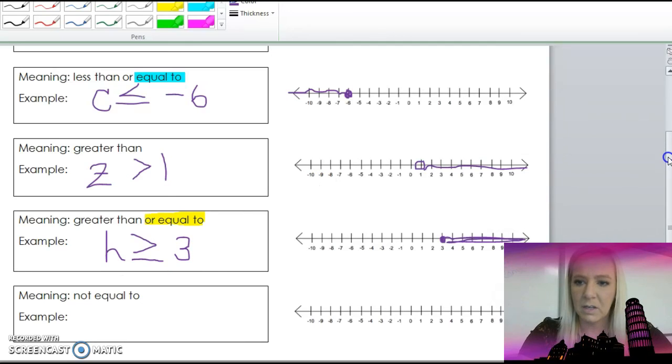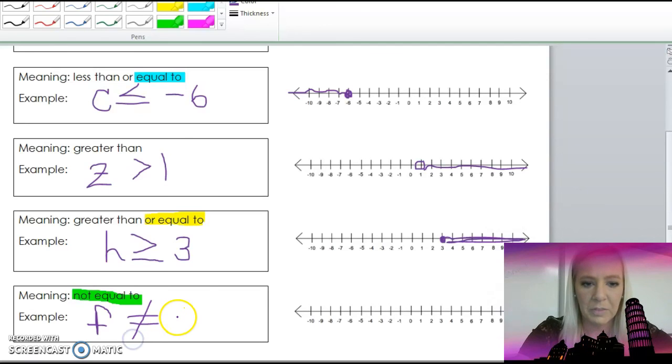Now the last one's a little different. Not equal to. So let's use F for Fosdick, the number 1 math teacher in the world. So not equal to means that F can be any number but the one that's given.